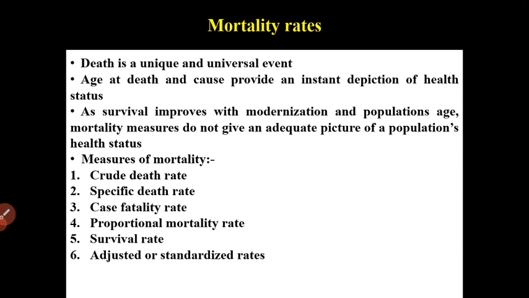So, how do we measure now? Crude death rate, specific death rate, case fatality rate, proportional mortality rate, survival rate, adjusted or standardized rate. Okay. So this is how we measure mortality rate.